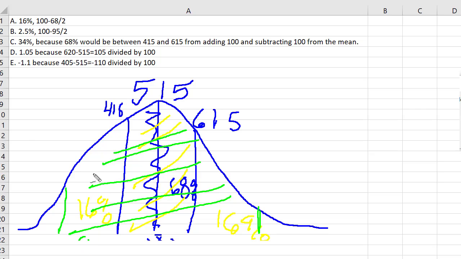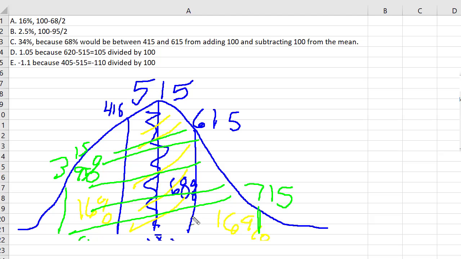So let me just write that in here. And I hope you're taking better notes than what I can draw on the screen. But that also means that right here, that's 715, and this number would be 315 because we're two standard deviations away from this mean.